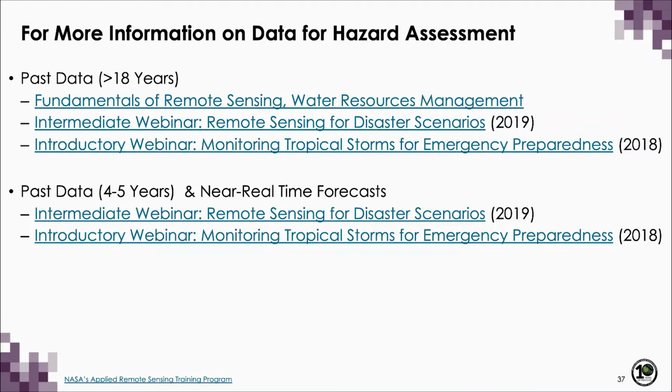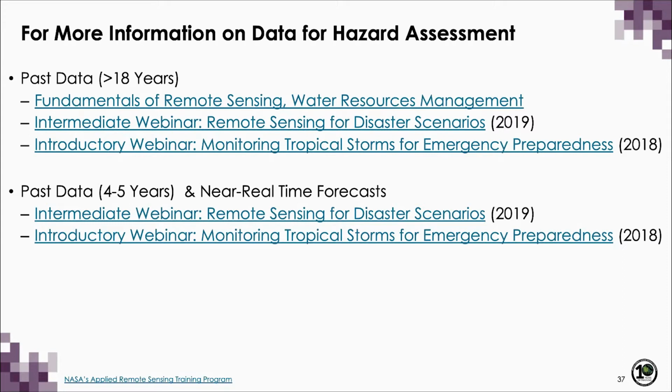This is a list of ARSET webinars that were conducted in the last 2 years. All the data sets that we talked about, the past data as well as near real-time and forecast data, are described in these webinars in great detail. Also the satellites and sensors we talked about, such as MODIS from Aqua and Terra, TRMM, GPM, SMAP, even SRTM, which is the Shuttle Radar Topography Mission.